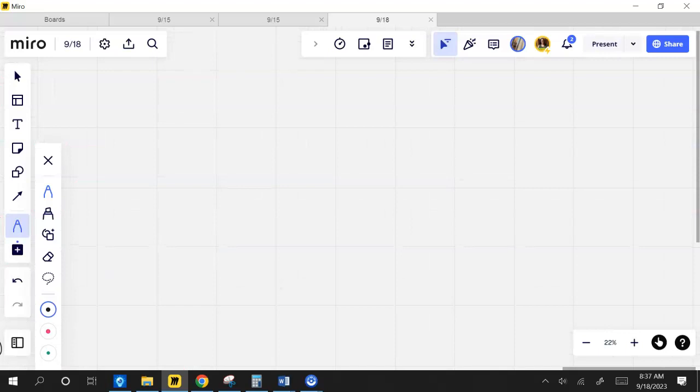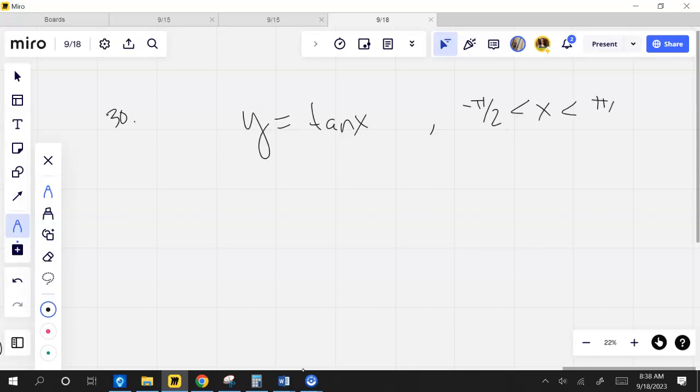Try this one. I'm trying to do one of each type of problem you're going to have in your homework tonight. Find the points on the curve. And here's that domain restriction I was talking about. Before I even do anything else here, what does that mean?